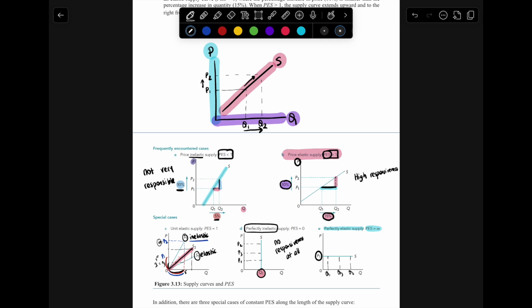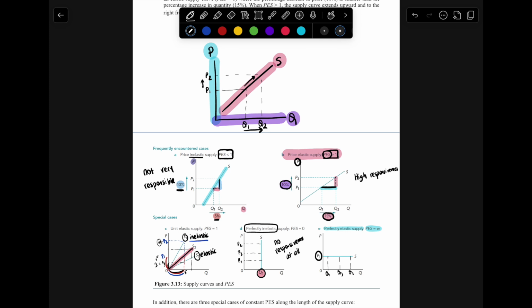Now let's look at the inelastic supply graph. So again, there is a supply curve right here, and the horizontal axis is quantity, the vertical axis is price. However, this time the quantity increases only slightly.